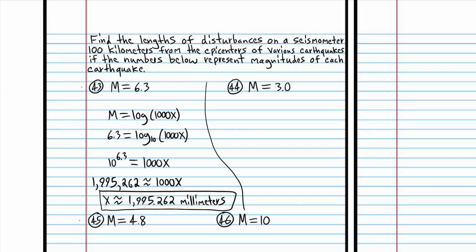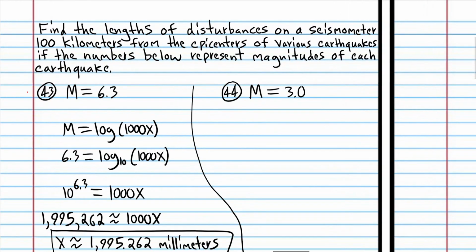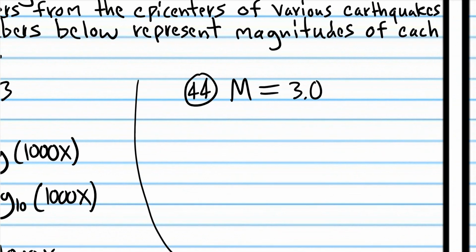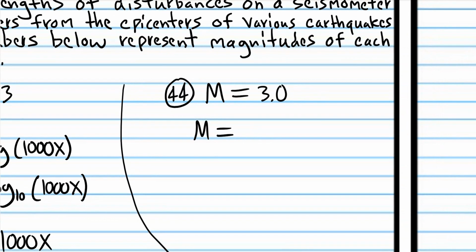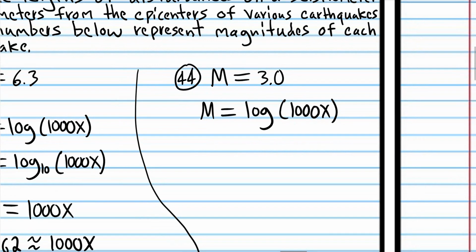Alright, so again, we're just going backwards here. We're getting some practice with the meanings of all these concepts and the definitions. So the magnitude of an earthquake is defined to be log of 1,000 times the disturbance on a seismometer. We know the magnitude is 3.